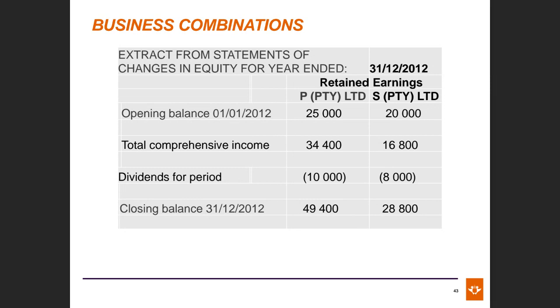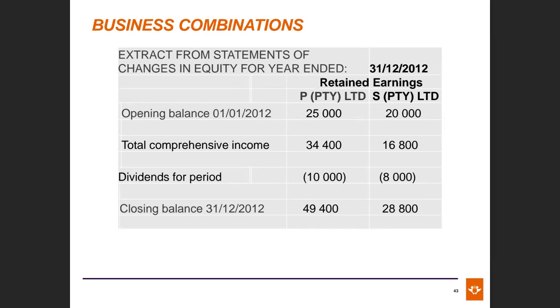So do you agree the portion of this 8,000 Rand that is going to P is a transaction in this group between P and S? I see. All right. Okay, so you kind of need to ask who the shareholders are. So in S Pty Limited, the main shareholder is P Pty Limited, and then you have a whole lot of non-controlling interest being your minority shareholders.